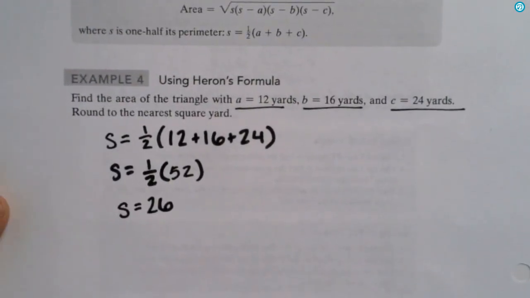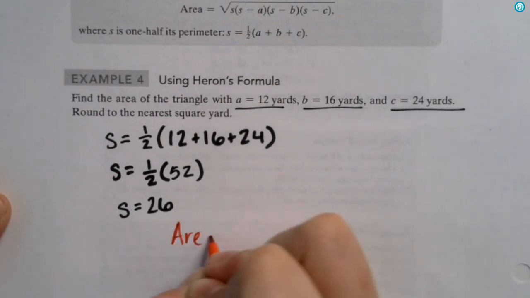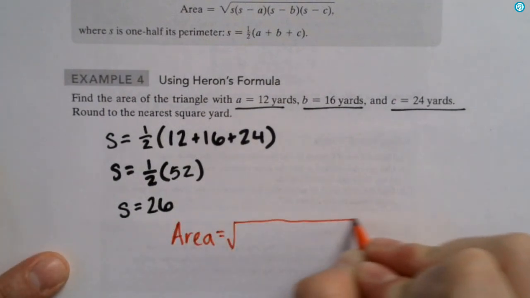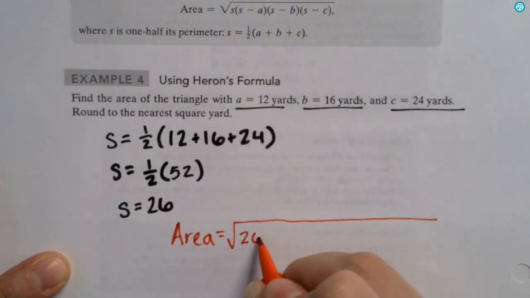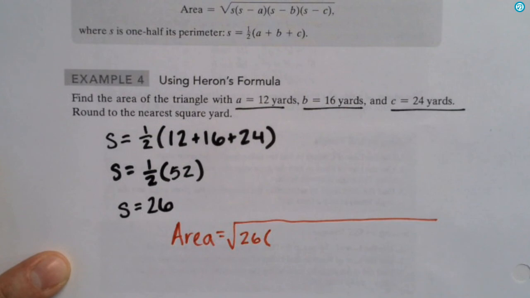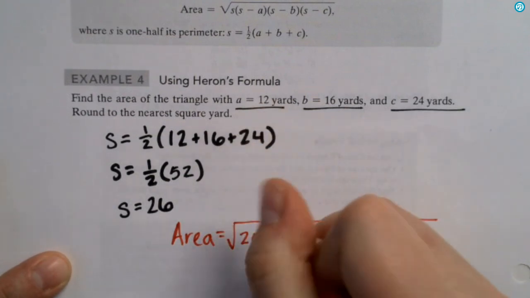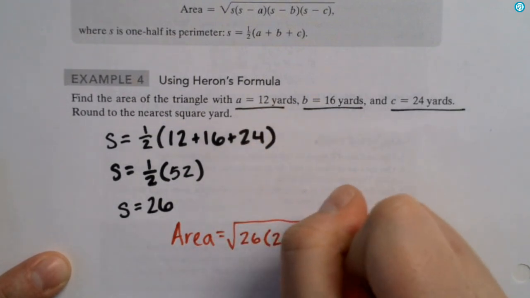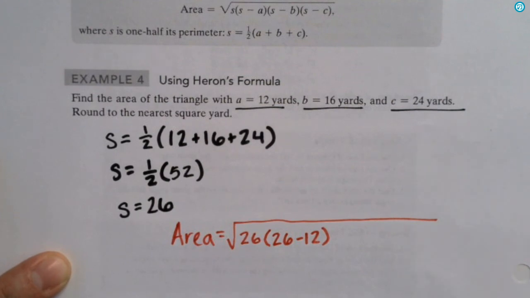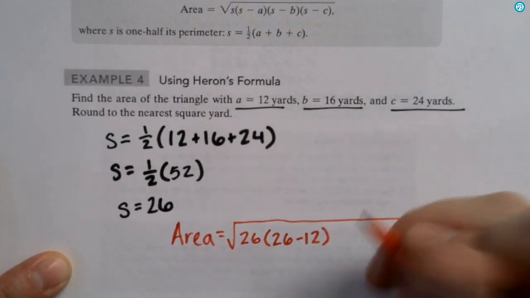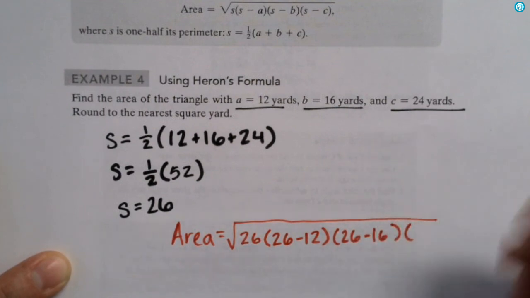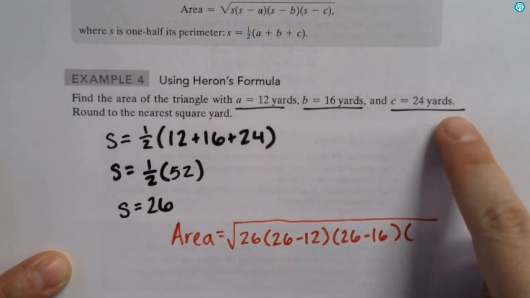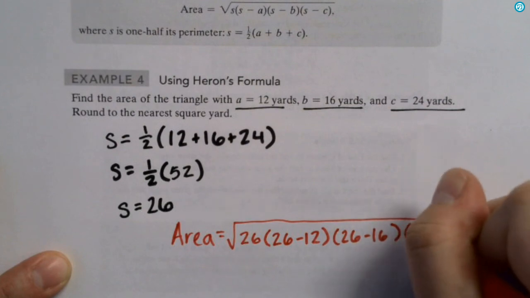So our formula is that area equals the whole big long square root of 26 times 26 minus 12, because it's 26 minus a, times 26 minus b, 26 minus 16, times 26 minus c, 26 minus 24.